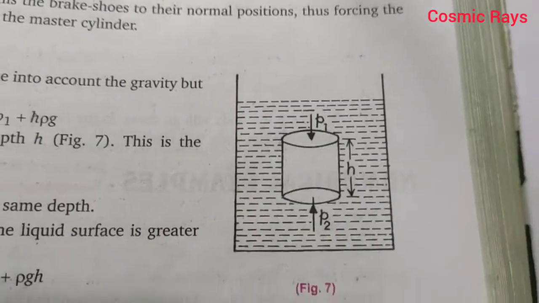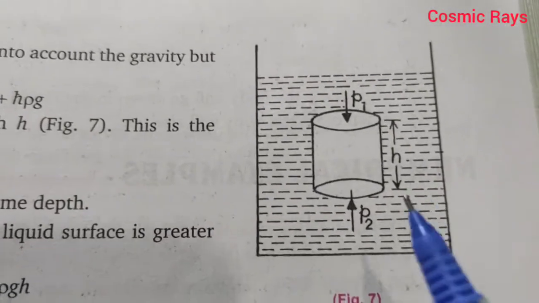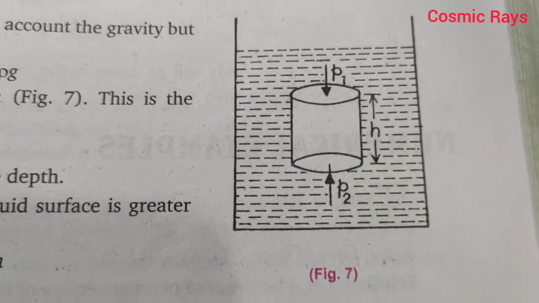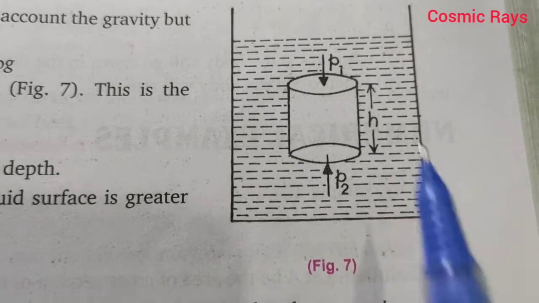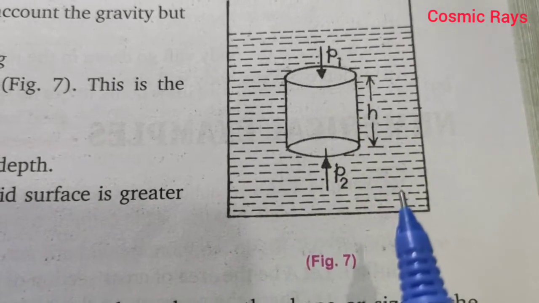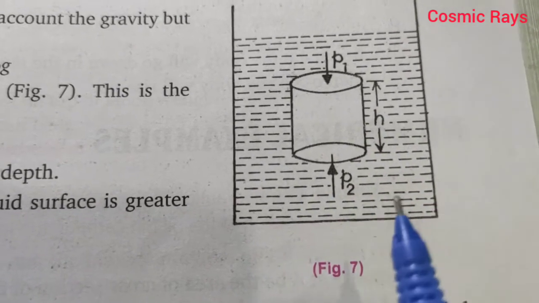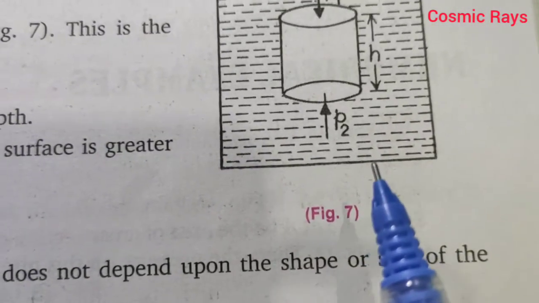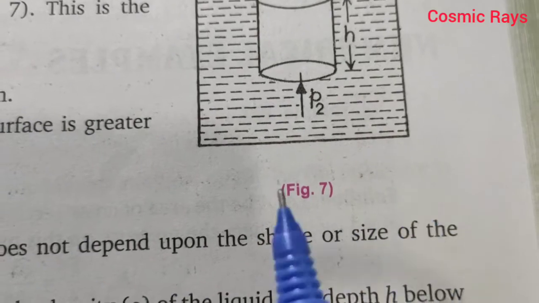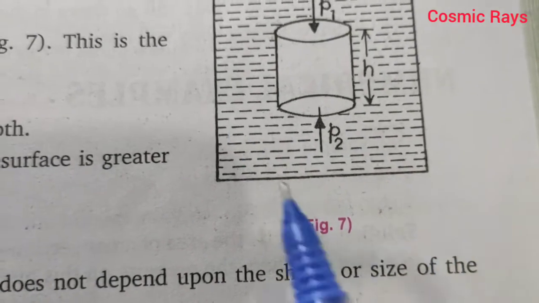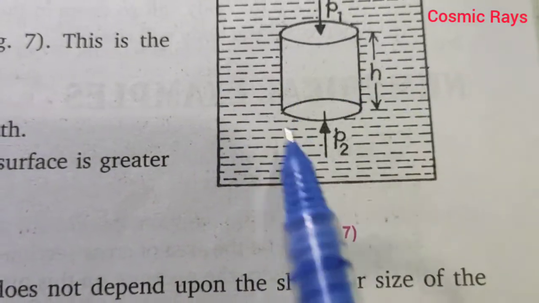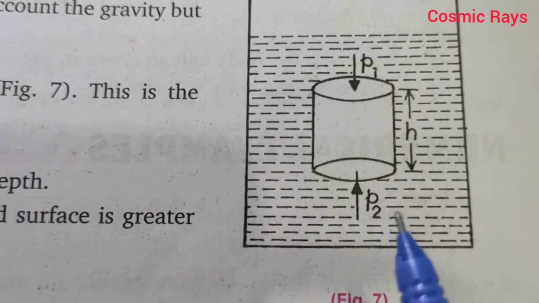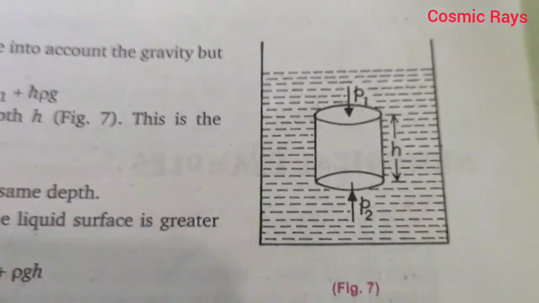Now here, if you look at this figure, what does Pascal's law tell us is, in an enclosed liquid, that is the liquid is at rest, or in equilibrium, then if the pressure is increased in any part of the liquid, then it will be transmitted equally in all directions or to all parts of the liquid.